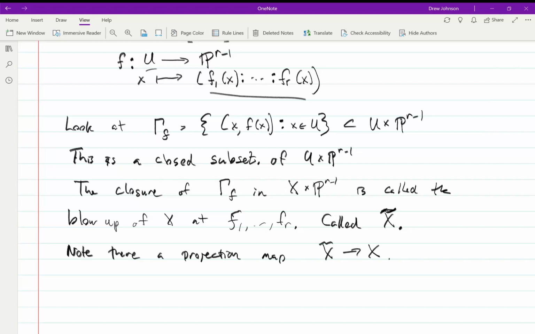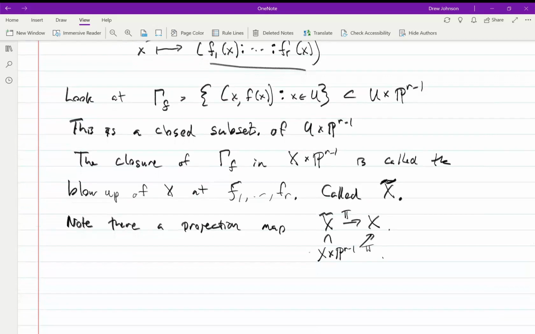Well, that's just the projection from the product. So X tilde is a subset of X cross P^(r-1), and that has the obvious map to X there. Let's call this map pi. Maybe I'll call both of these maps pi.